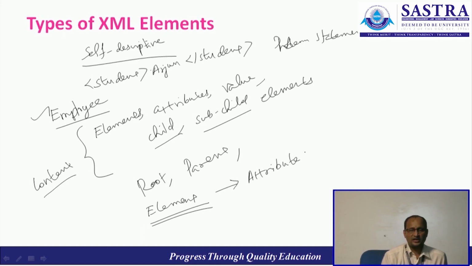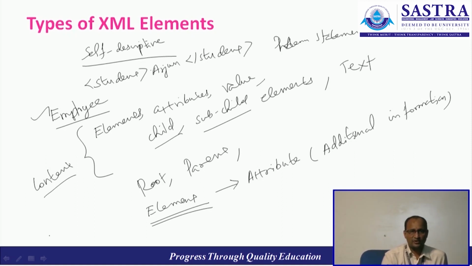There is no restriction for having more than one attribute, or we may not have any attribute. It is additional information, which is called properties. So XML elements can have child and subchild elements, attributes and also text. These are the content components of an XML document.